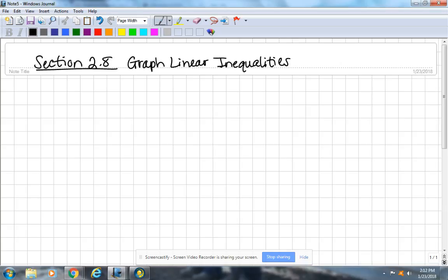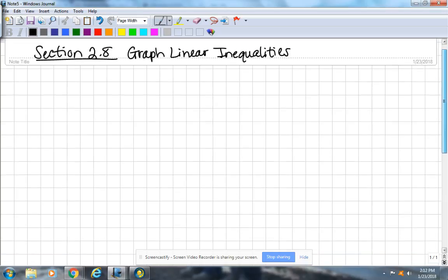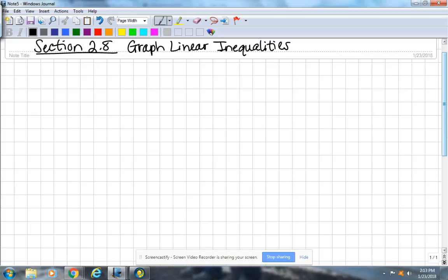All right. So an inequality, remember, is when we have the symbols less than, greater than, less than or equal to, or greater than or equal to. Inequality means not equals. And we're going to graph them, just like we graph lines, except an inequality is not just a line.